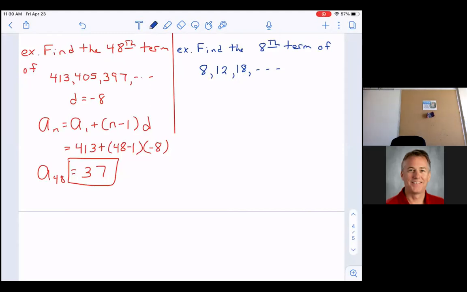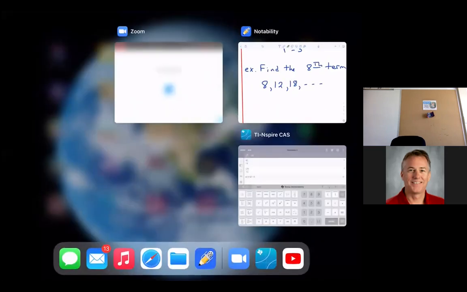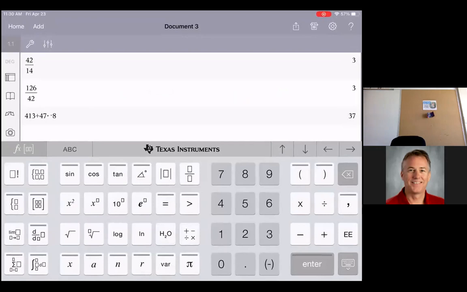All right, so this is geometric. The reason it's geometric is because if I did 8 plus 4, that's 12, but if I add 4 again, I don't get 18. So that tells me it's not arithmetic, it's geometric. Another way I could figure that out is 12 divided by 8. That's not going to be such a nice number, but it's not too bad. 12 divided by 8 is 3 halves or 1.5.